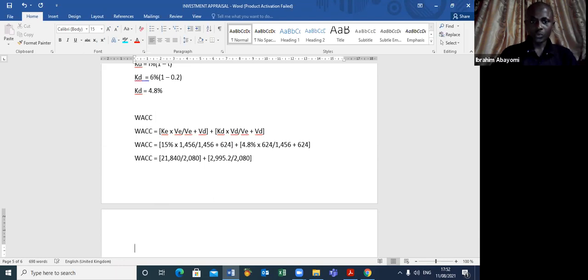Close. So we have our WACC to be equal to 21,840 divided by 2080. That is 10.5%, plus, what about this? 2995.2 divided by 2080.